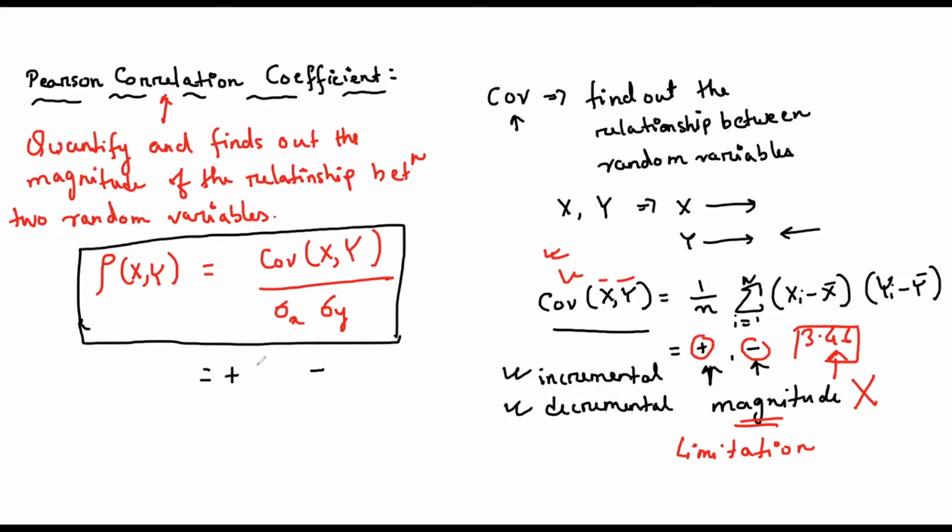It may be, let's say, 0.98, or around 0.78, or minus 0.78, like these numbers.